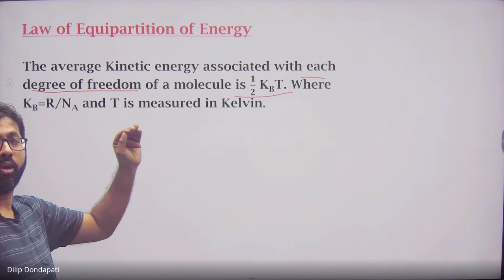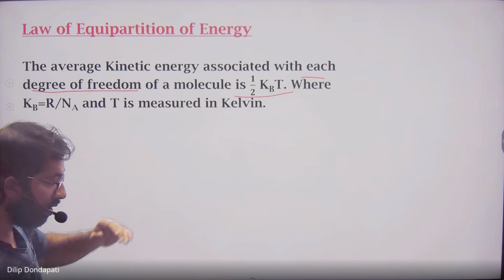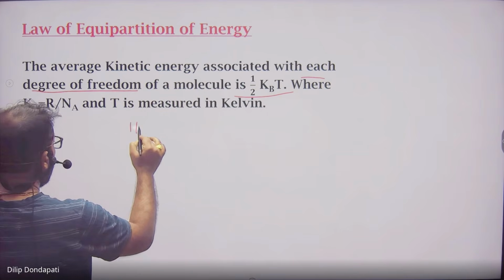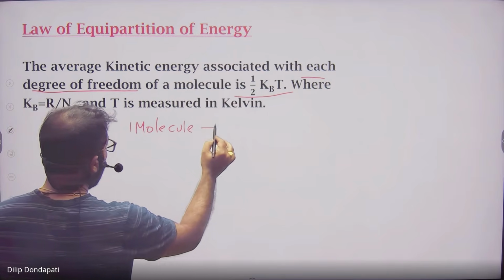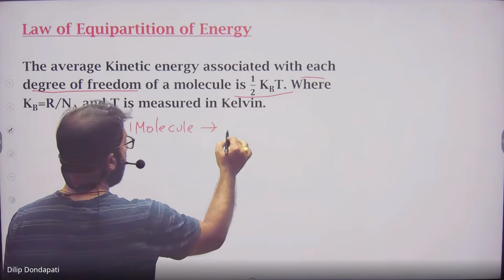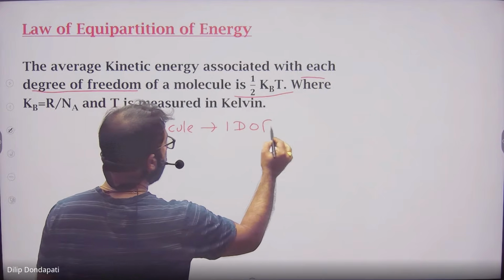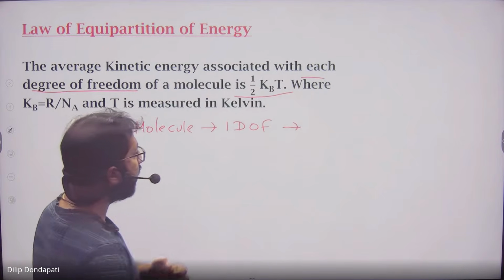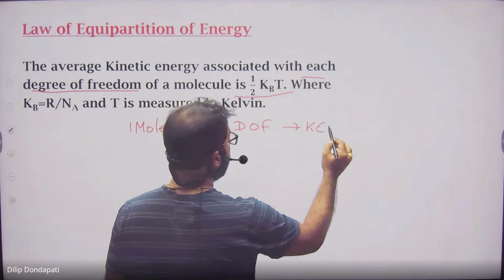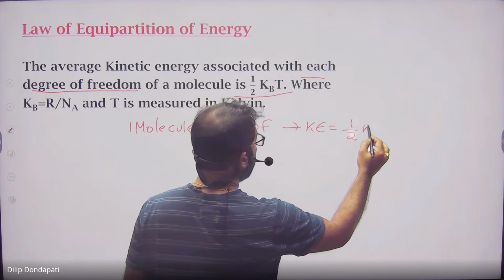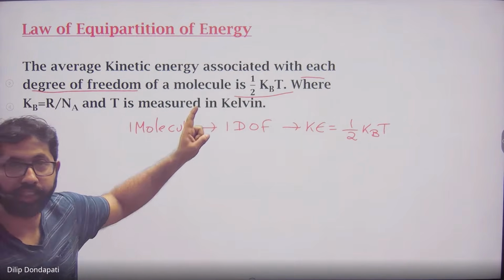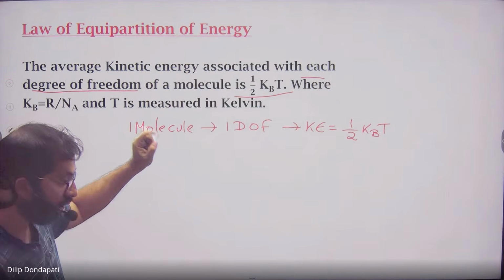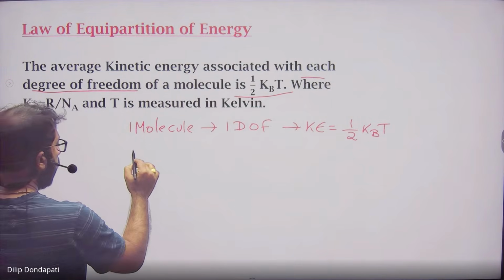From here we get the kinetic energy formula. Understand, the law says that one molecule having 1 degree of freedom has kinetic energy half kB T. This much energy you give for each degree of freedom of one molecule.